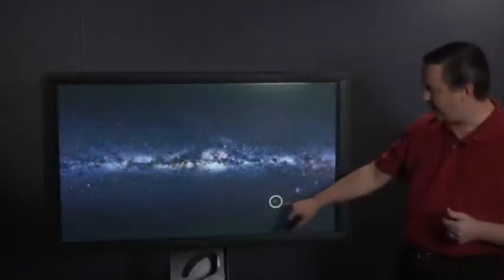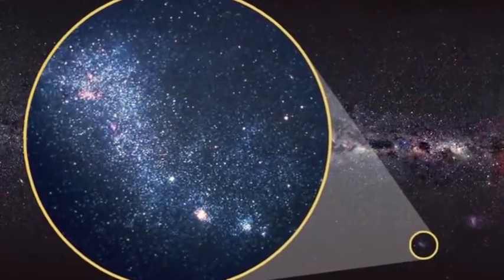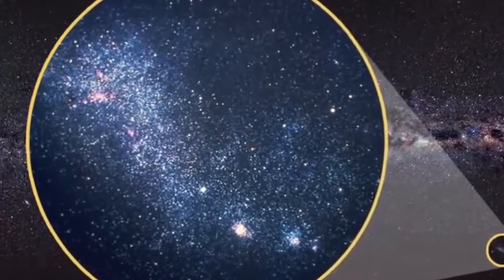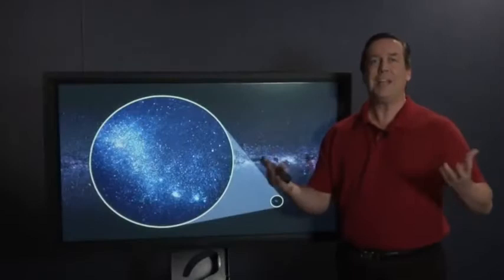And this object right here, well, this is the Small Magellanic Cloud, which is a smaller satellite galaxy of our Milky Way. They're called the Magellanic Clouds because Magellan discovered them when he did his around-the-world voyage. Of course, anybody living in the southern hemisphere could just look up and see them at any time in history. So he didn't really discover them, he just brought the news of them back to northern hemisphere Europe.